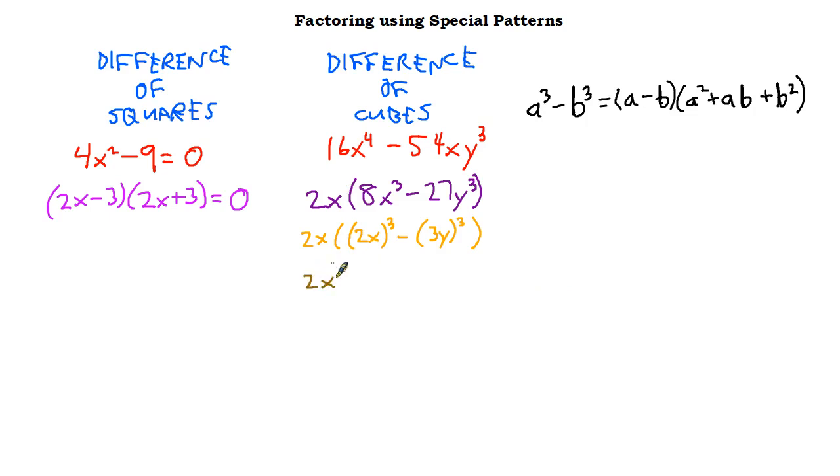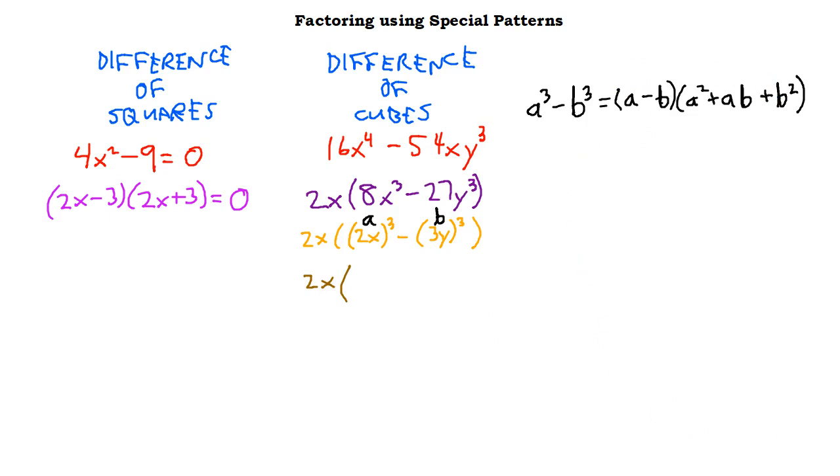We've now got 2x, and what I'm going to do is follow the pattern. It says here that, by the way, let's label this stuff so you guys can see what's going on. I'm going to consider this 2x to be a, and I'm going to consider this 3y to be b. And now I'll go ahead and just fill in the formula here.